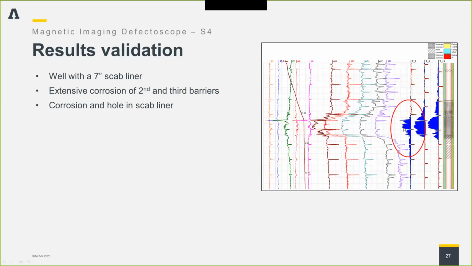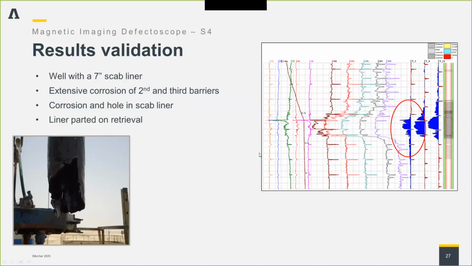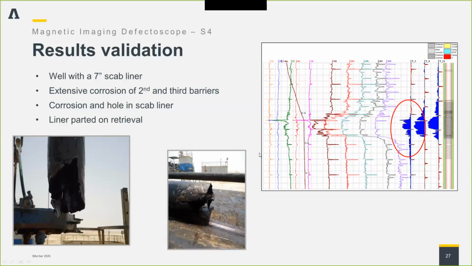The scab liner, we can see there's an awful lot of corrosion there, and we get responses like this, where we can see there's almost complete loss of signal, which is showing a complete loss of metal at that point. When the scab liner was actually retrieved, it parted, and there were some pictures taken of the liner itself.